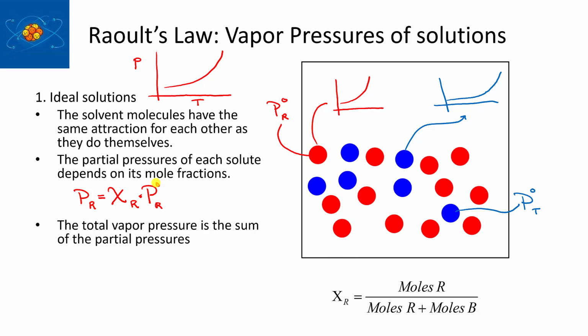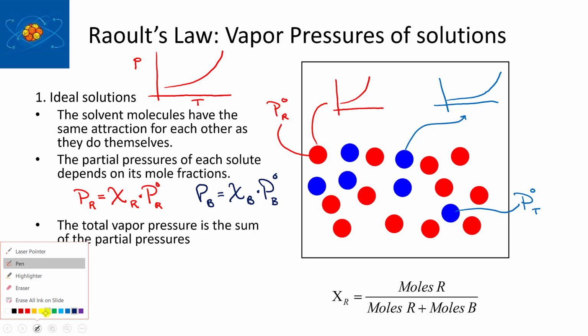And we do the same thing for the blue molecules. So the pressure of the blue, the dark blue, is equal to the mole fraction of the blue times the pressure of the blue molecules when they're pure.